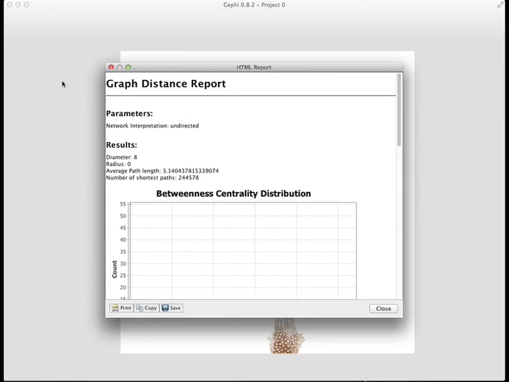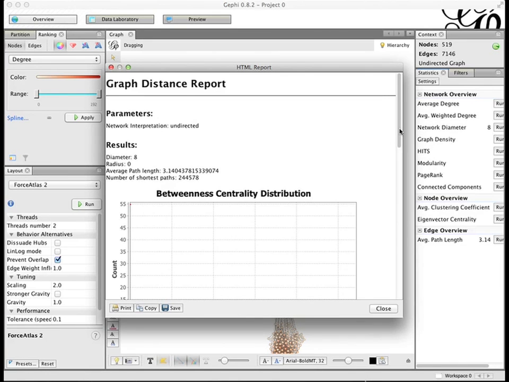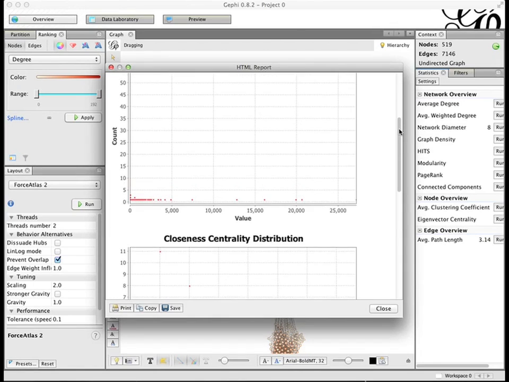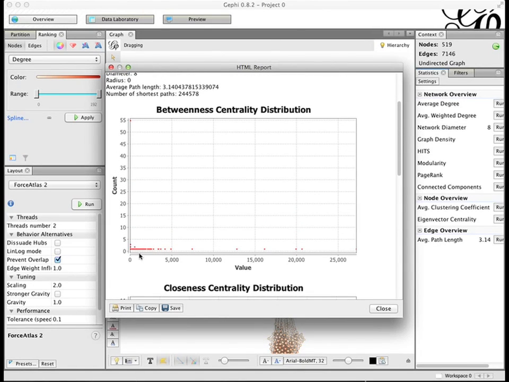And now they show up. First of all, we get graphs of the distribution of betweenness centrality and closeness centrality. So for betweenness centrality, what we can see is most people have a betweenness centrality of 1. That is, they're not more or less sort of between one group of people and another.